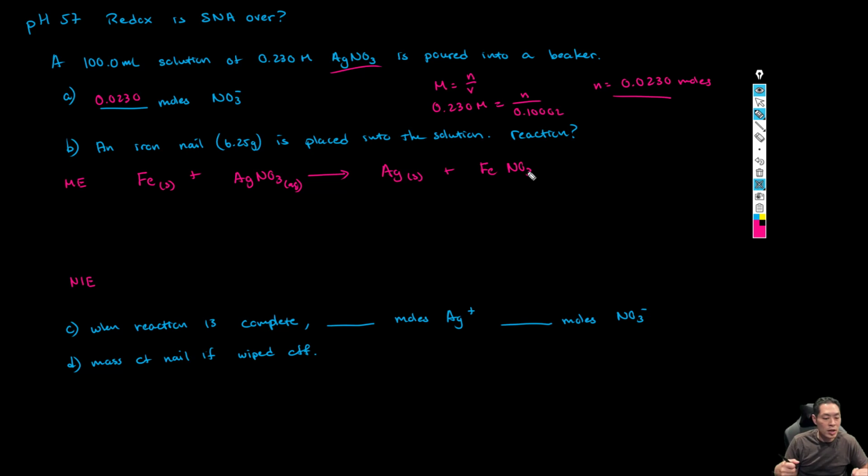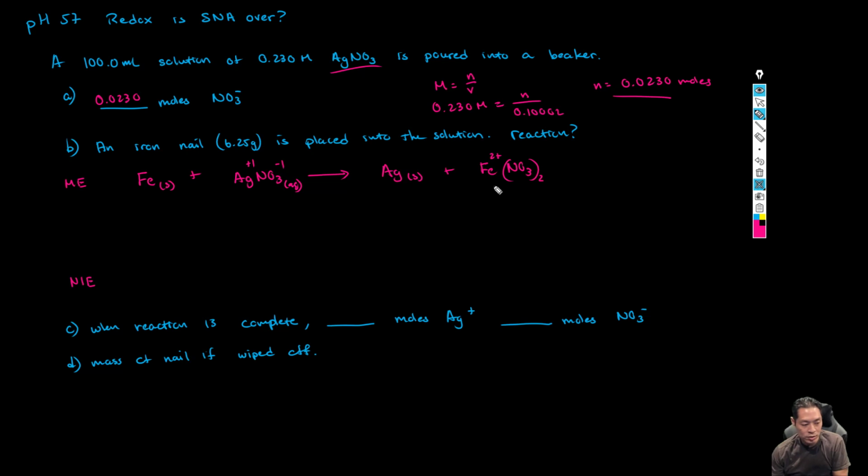Now, if you look on that little sheet, you'll see that there's a +1 right here because we're looking at the net ionic equation. I know nitrate is -1, so that kind of makes sense. Here, I got a 2+, so I know iron's a 2+ here. So the iron(II) nitrate. That means I need 2 of these to balance it out, and then 1 iron. So here is my equation.